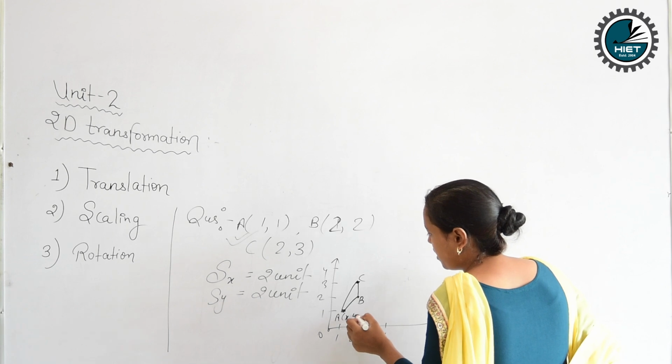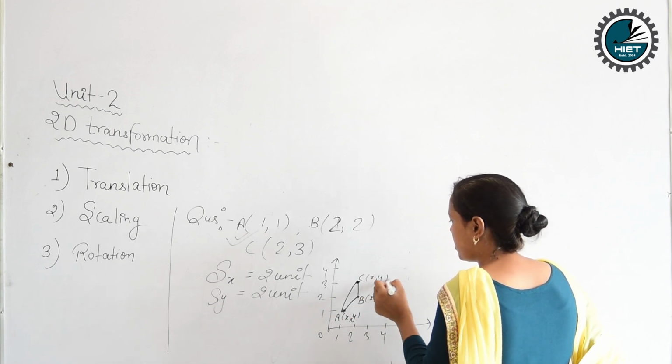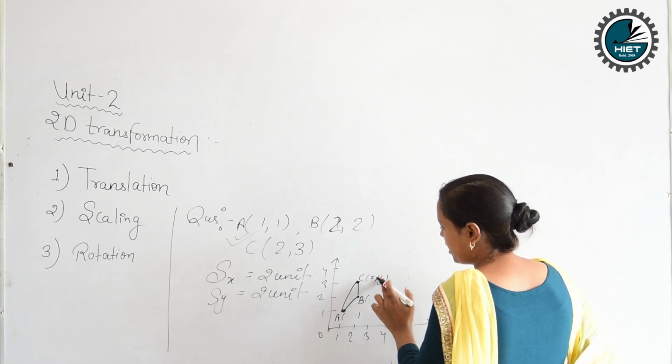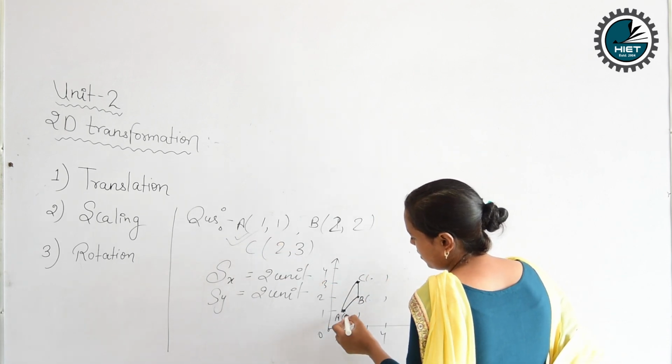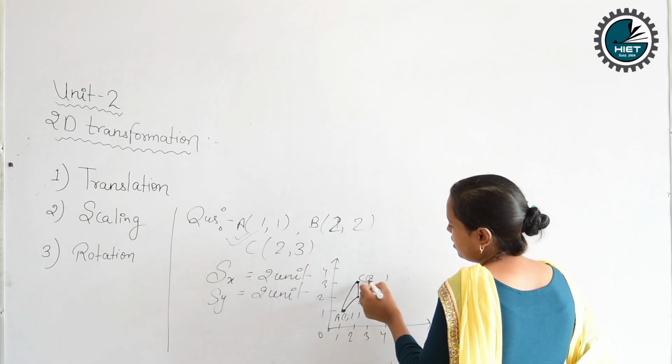We put the original values of the coordinates: A is 1 comma 1, B is 2 comma 2 and C is 2 comma 3.